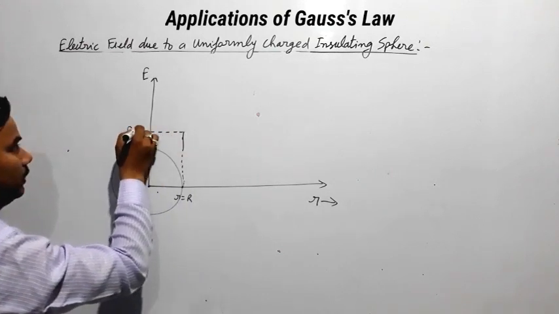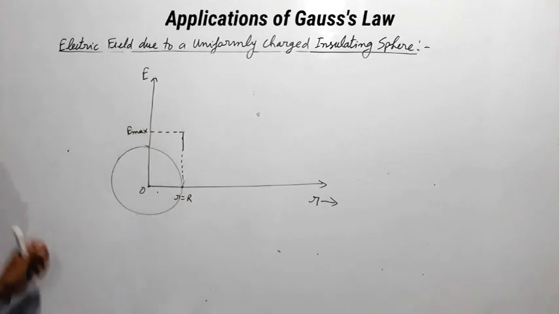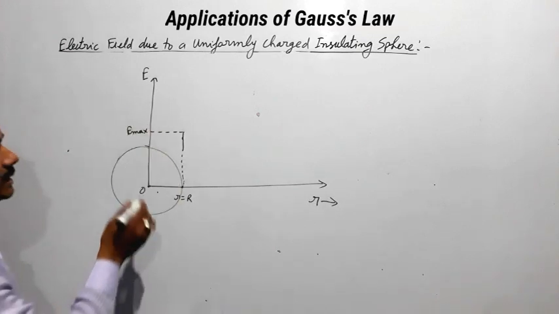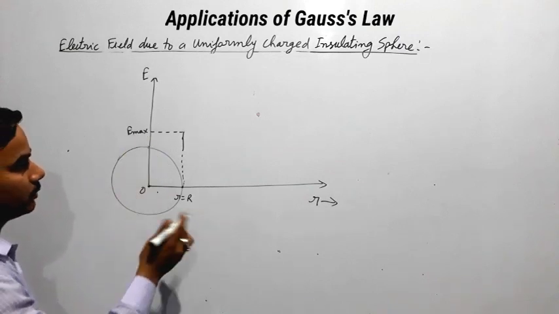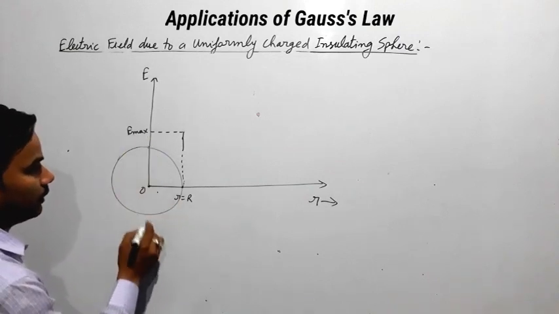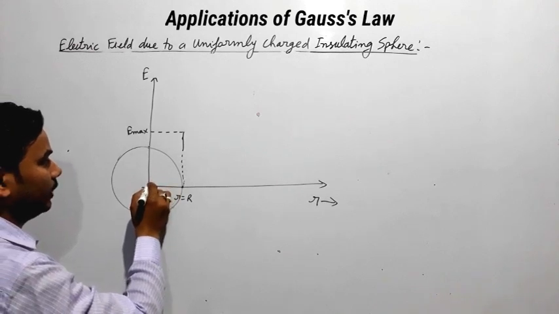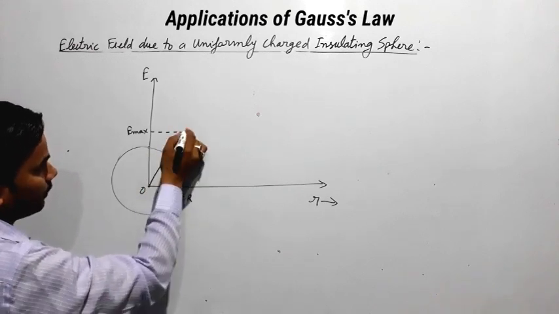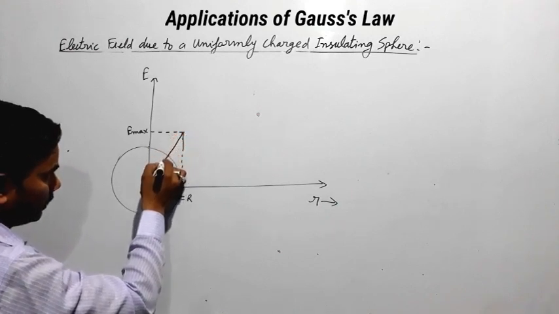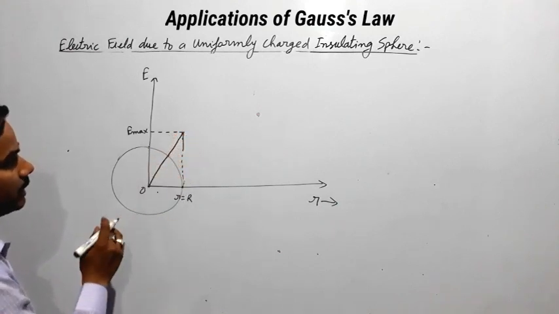This is E max. Now we see that inside the sphere electric field is directly proportional to distance, so this will be a straight line. The graph for electric field and distance is a straight line inside the sphere.